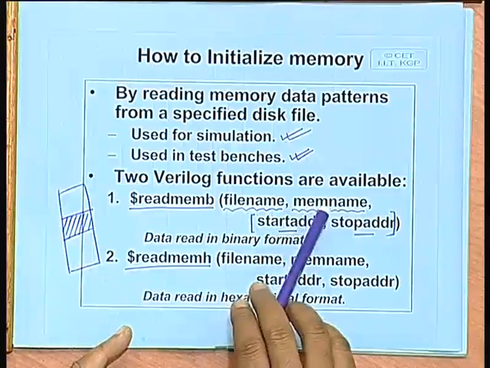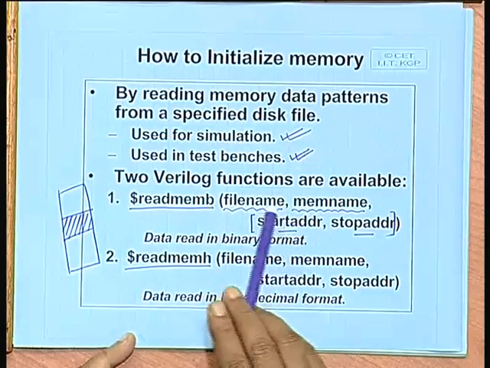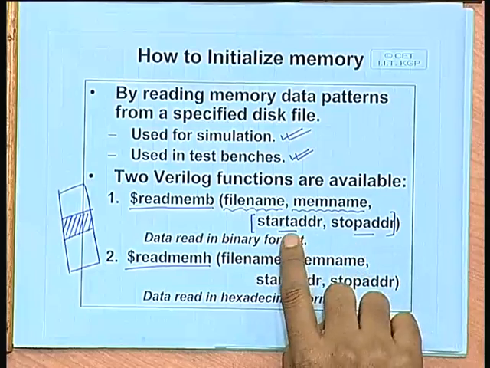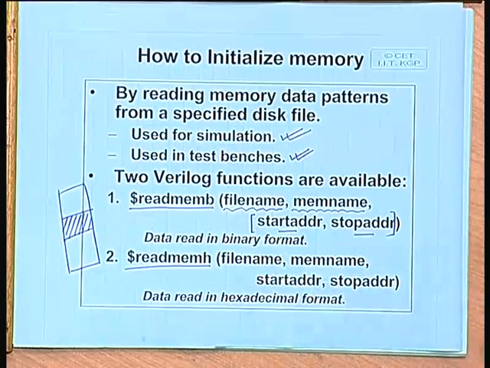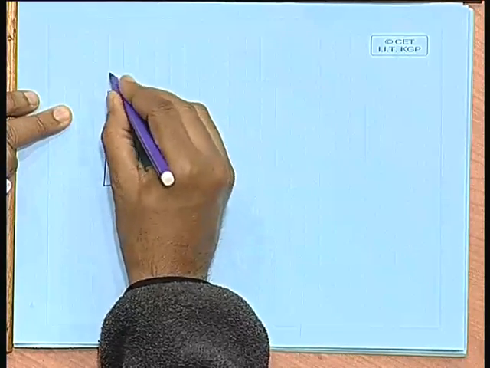Okay. So, the question is what happens if the file size does not match the memory size. There may be two things. First, you have a memory defined, say the name is mem.